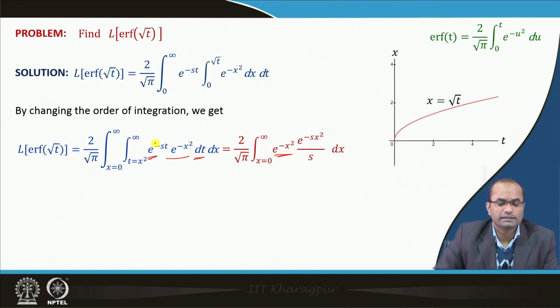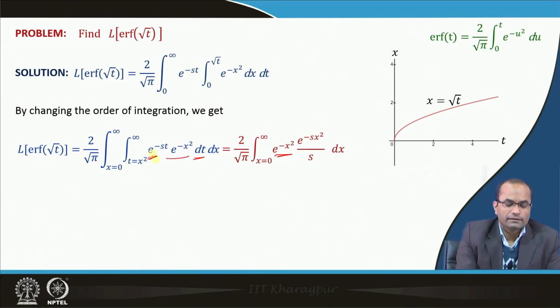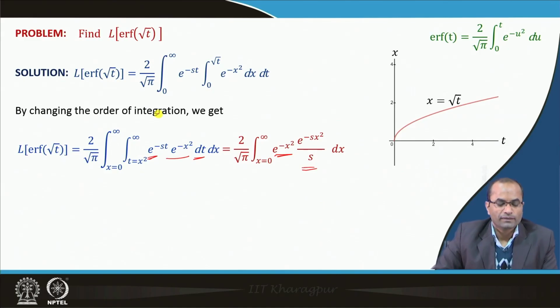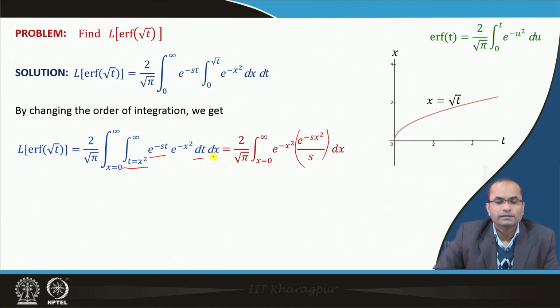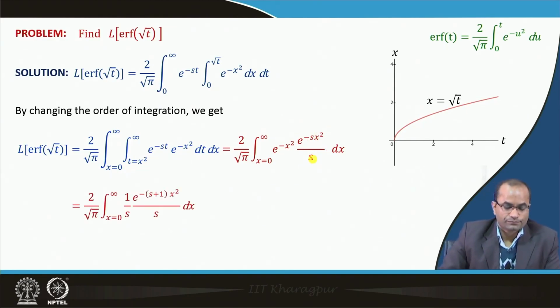Here e power minus s t can be integrated and that will be e power minus s t over s, but then we have to put these limits x square to infinity. So, e power, instead of t we will have x square there, and when infinity that will become 0. So, we will have only this portion here as a result of this integration of e power minus s t dt, e power minus s x square over s.